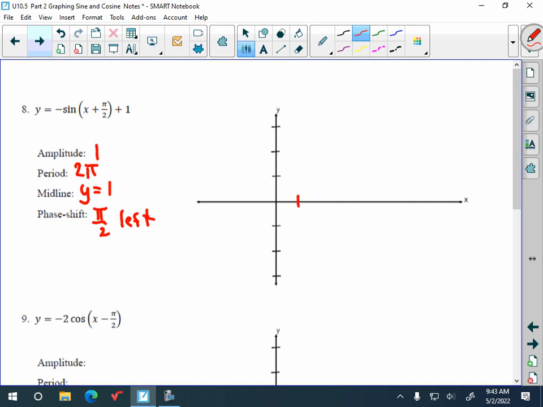All right, so 4 tick marks, 1, 2, 3, 4. It's 2 pi. Cut it in half is pi. Cut it in half, pi over 2. Multiply by 3, 3 pi over 2.